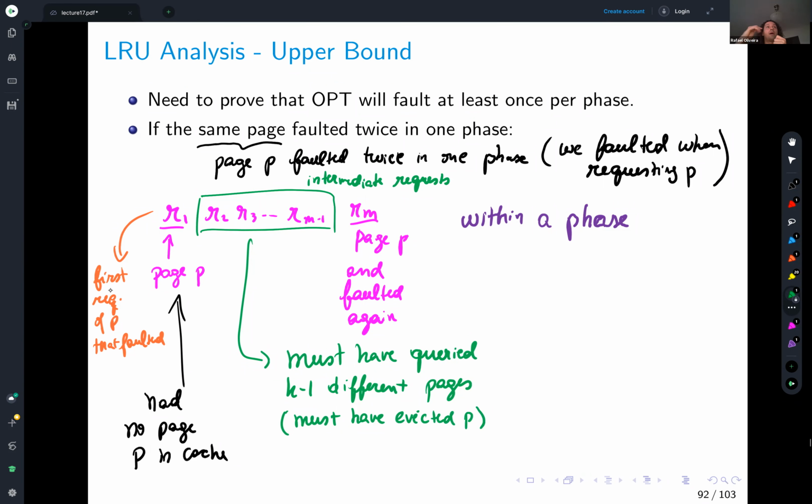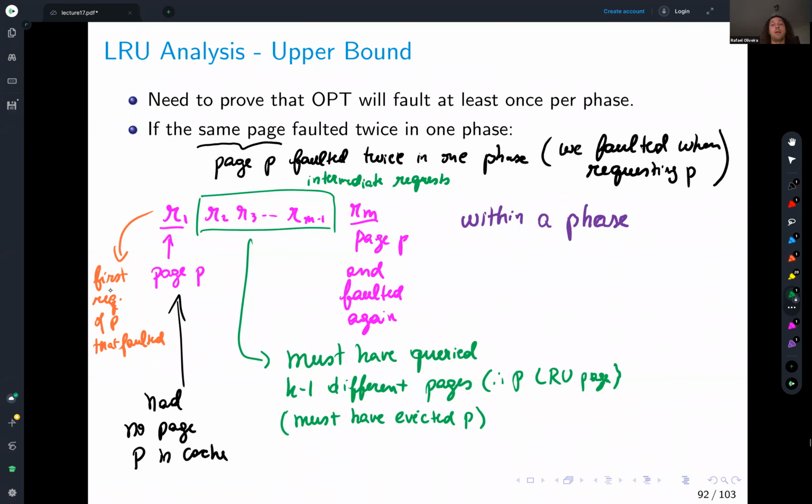I need to query all the other k minus 1 pages that were in my cache to begin with. Does that make sense? So we made the k minus 1 requests and P became the least recently used page.